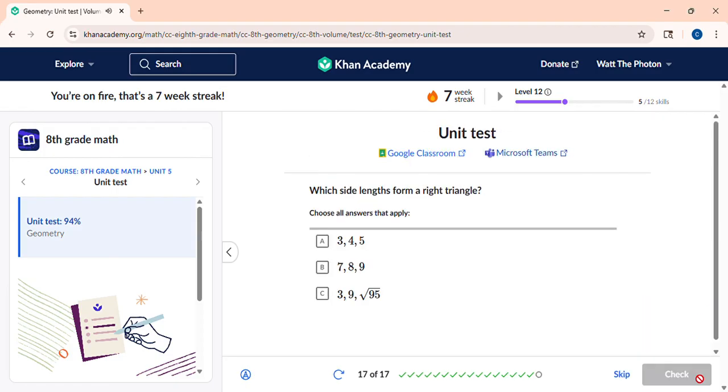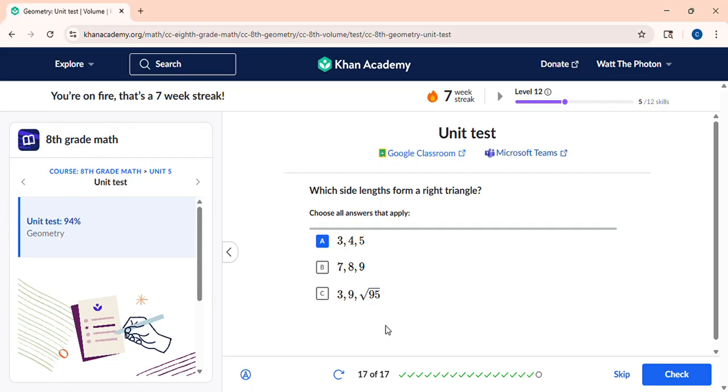Okay. 3, 4, 5 triangle. That doesn't make a triangle. Sure, we'll math it. So let's see, does 7, 8, 9 form a right triangle? I don't think it does.